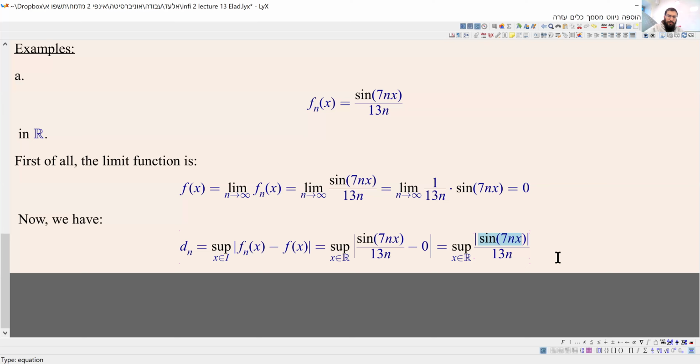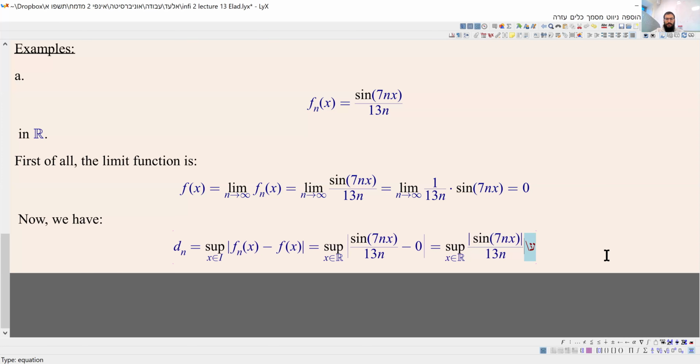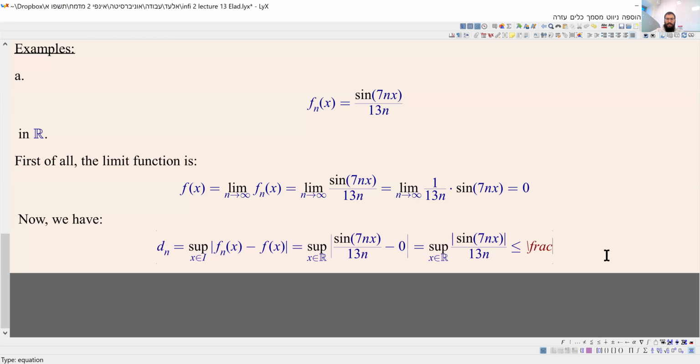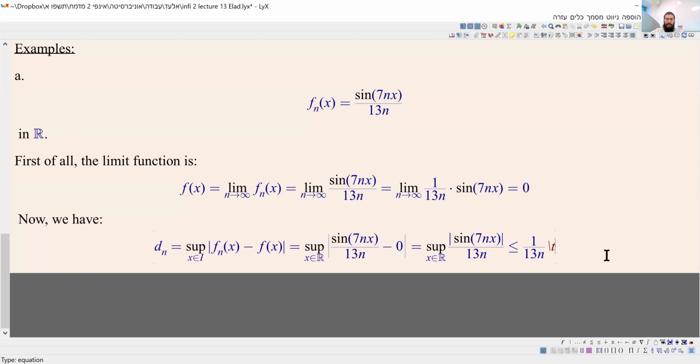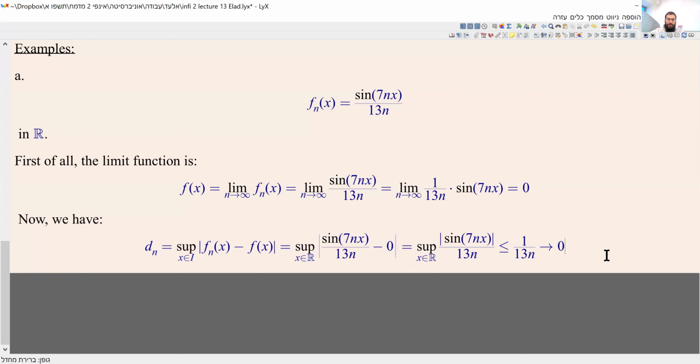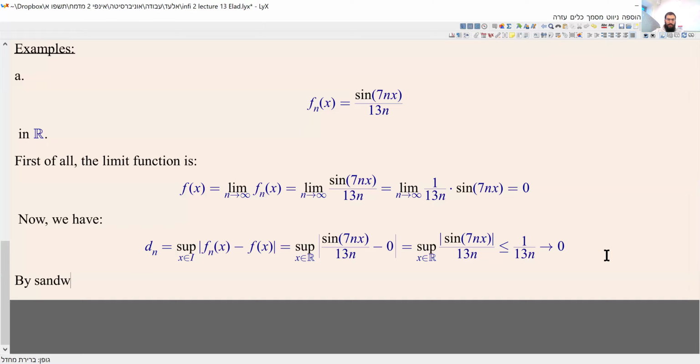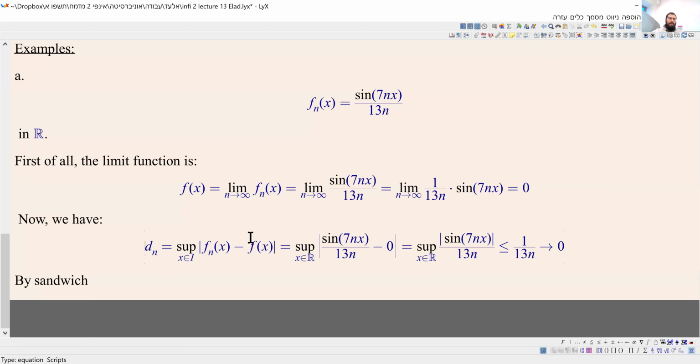So even if we don't find dn exactly, because we know that the sinus is bounded by 1, we have our sequence dn bounded by 1 above 13n, which tends to 0. So by sandwich, and one can ask, okay, where's the second slice of bread of the sandwich? When dn is smaller than something that goes to 0, why is it greater than something that goes to 0? Take note that dn is always non-negative.